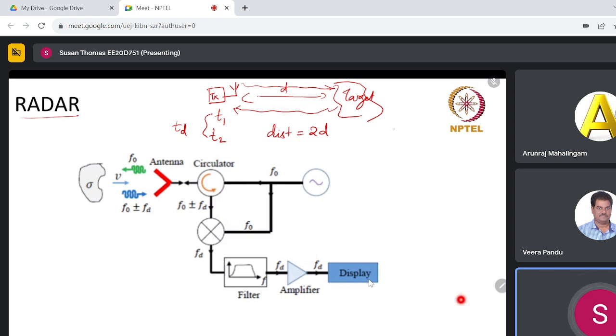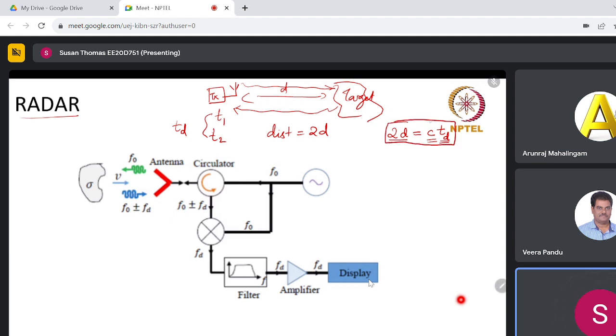With the help of the fundamental relationship of distance, time, and velocity, we can write 2d equals c times td. Here 2d is the total distance traveled, c is the velocity of the electromagnetic wave, and td is the time delay between the signal which is sent and the backscattered signal reception time.